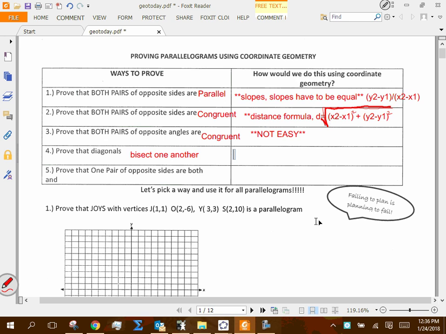The way we can geometrically in the coordinate plane show that diagonals are bisecting one another is to use midpoints. Look at midpoints of diagonals, and we want to see that they are the same point. They have the same x and y coordinates.